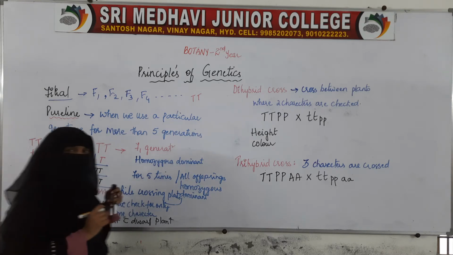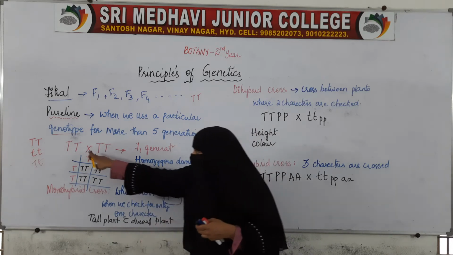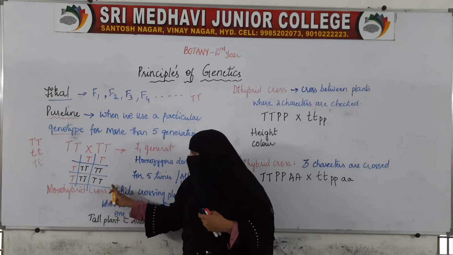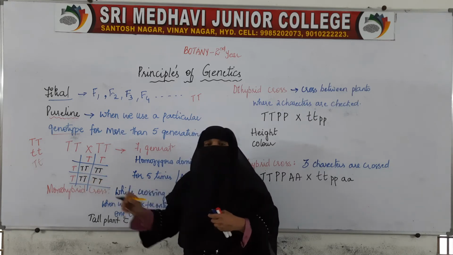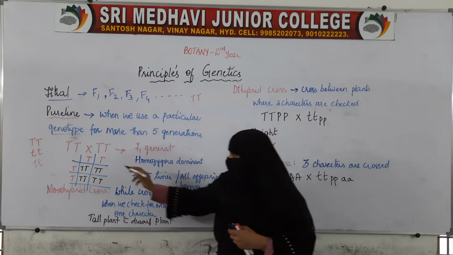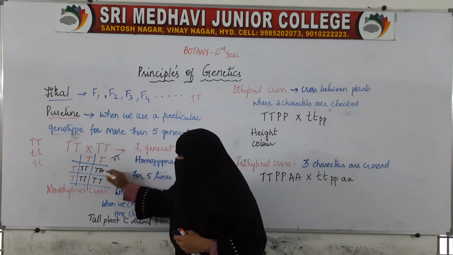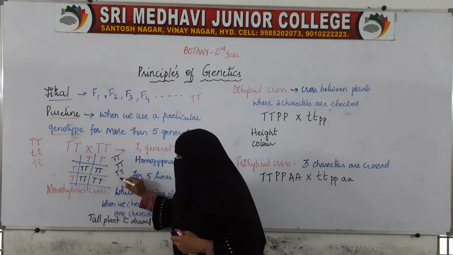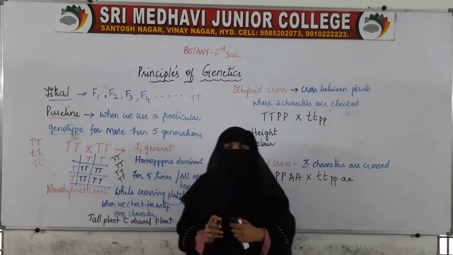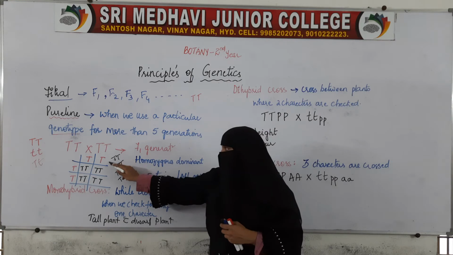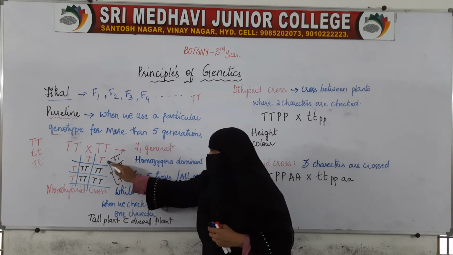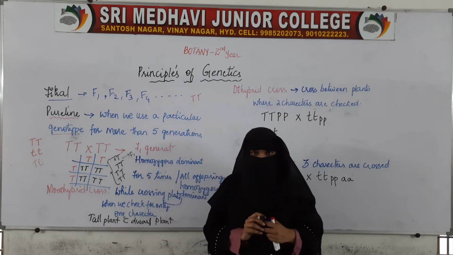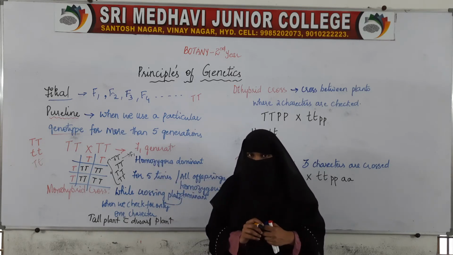So in the first generation we have got 4 offspring and all 4 of them are homozygous tall. All four are capital T, that is homozygous tall. This we have got in the F1 generation.